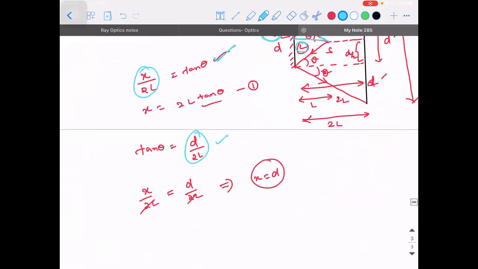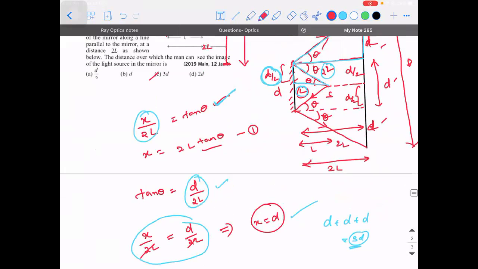So since tan theta is the same, x by 2L is equal to d by 2L, cancel it, x is equal to d. Got it, sir. Yes, sir, I got it.